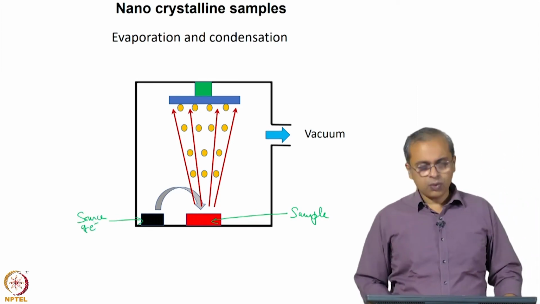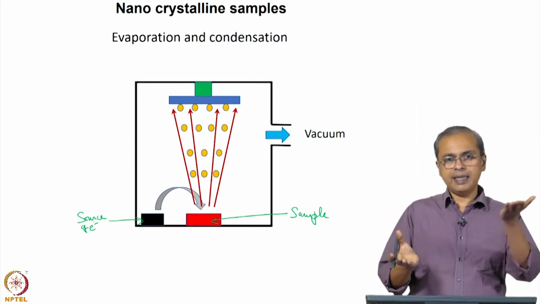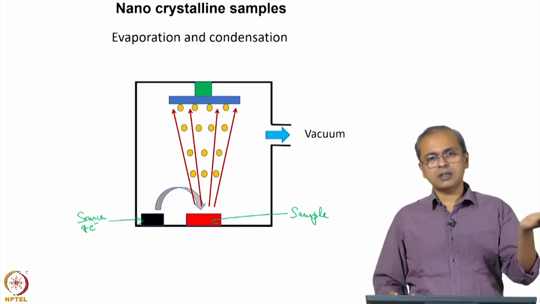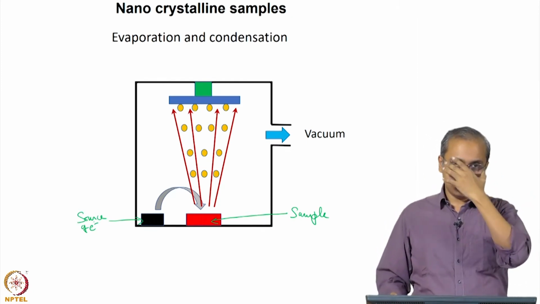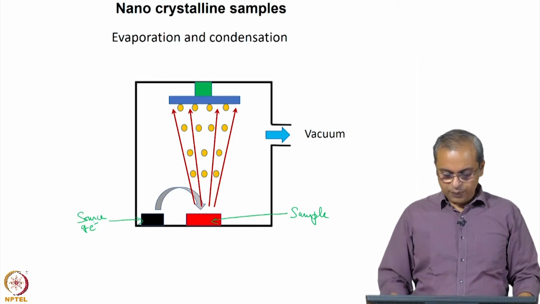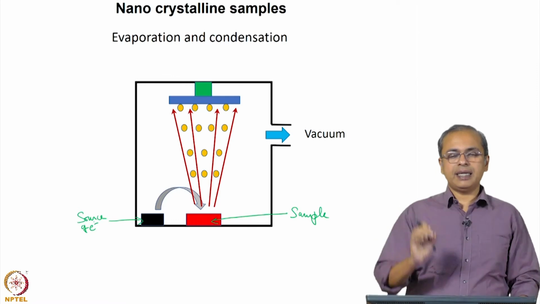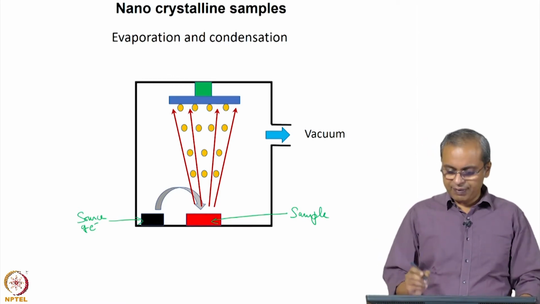If you charge the sample versus the source of electrons appropriately, electrons will get off the source and get accelerated and will hit the sample, which you keep at a positive potential. When you do that forcefully enough, it will eject material from that sample, and again you will have to do this in vacuum. So, you have a vacuum system here.